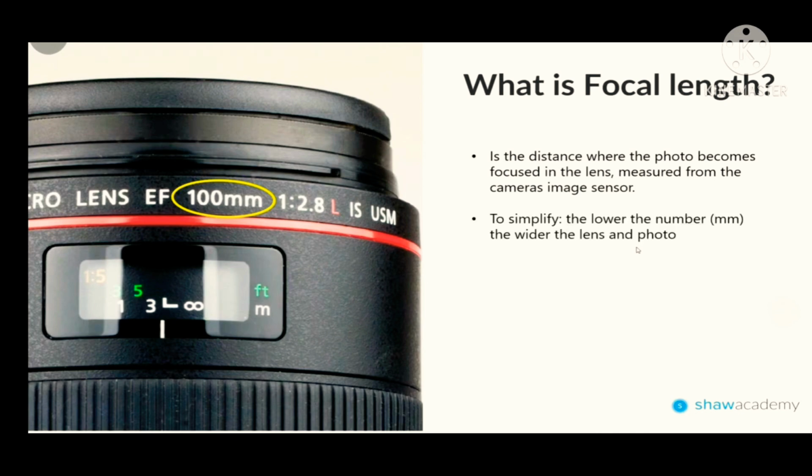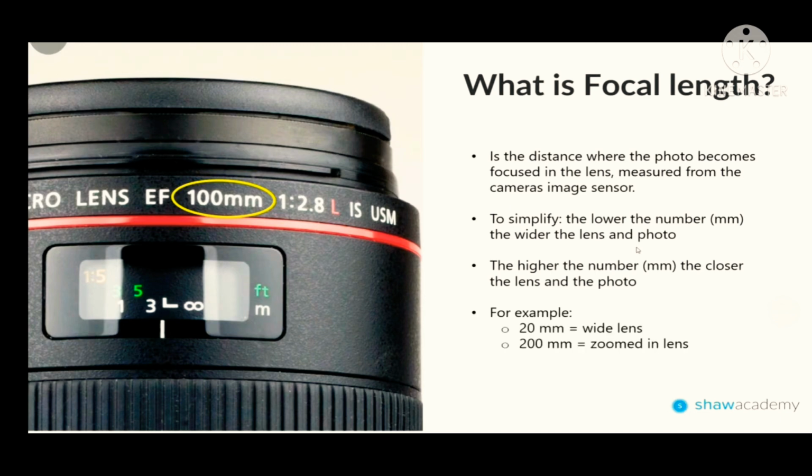Okay, now to simplify that, what that means is the lower the number, the wider the lens and the photograph. Because that means that the image becomes in focus closer to the image sensor. If you're using a telephoto lens, the higher the number, the closer the lens and the photo. In other words, the more zoomed in your subject is.